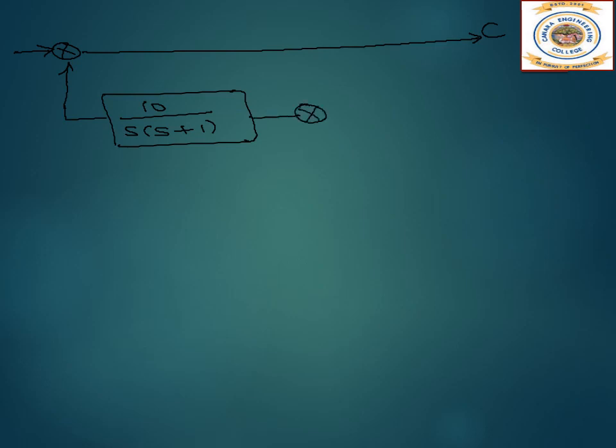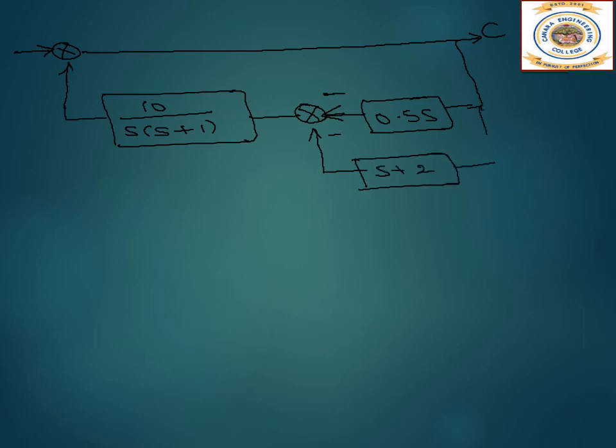See, I'm just redrawing it, that's all. So we had 0.5, yes, it was negative, so here we'll take it as minus, and the other end came from C over here. And again one more we had, that s plus 2, that also we tried over here. Same point. Now we have done drawing it.